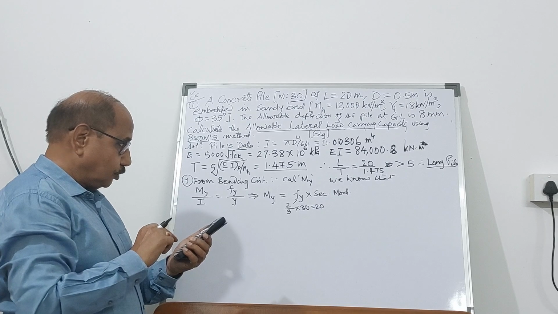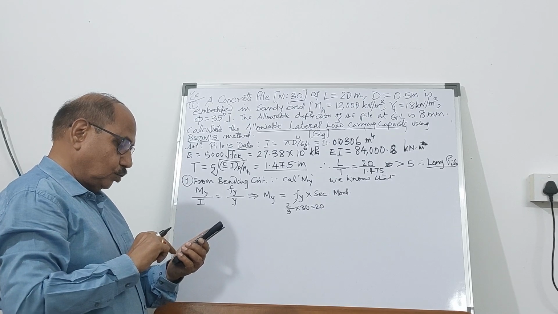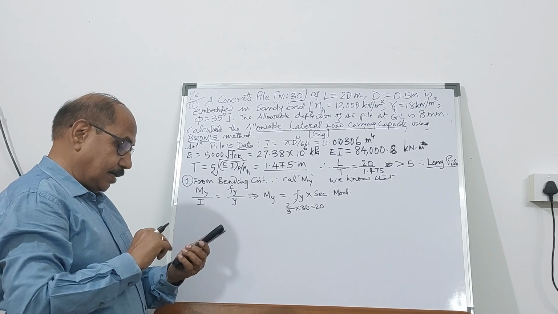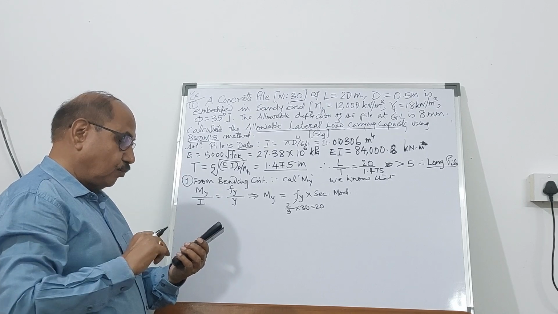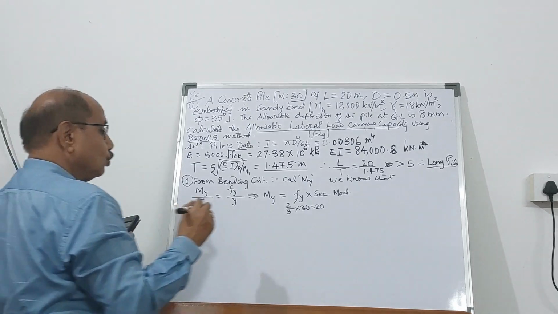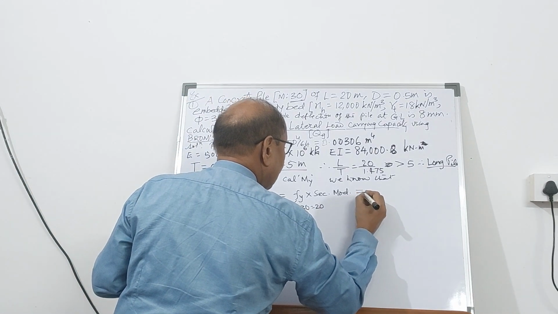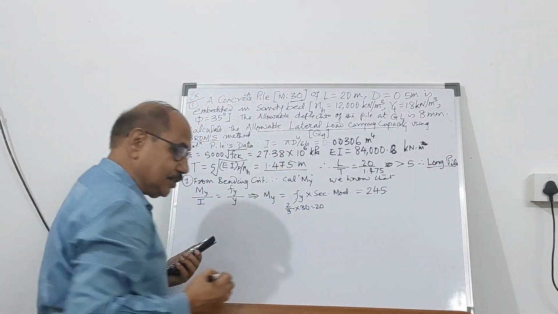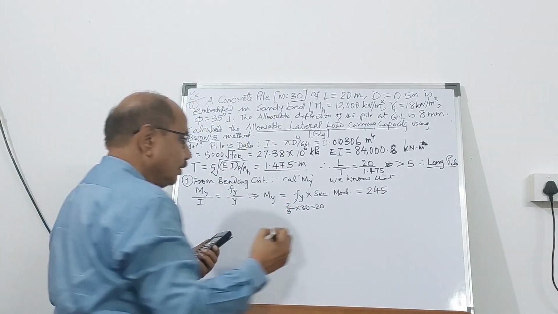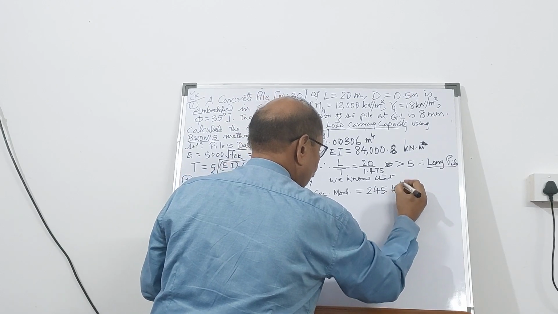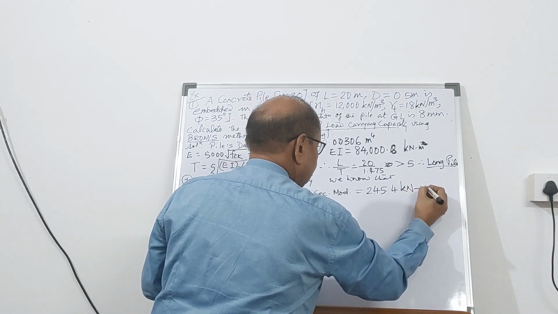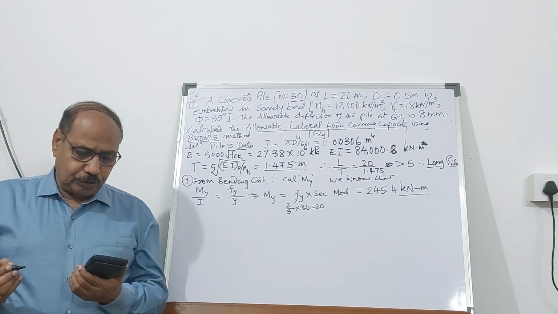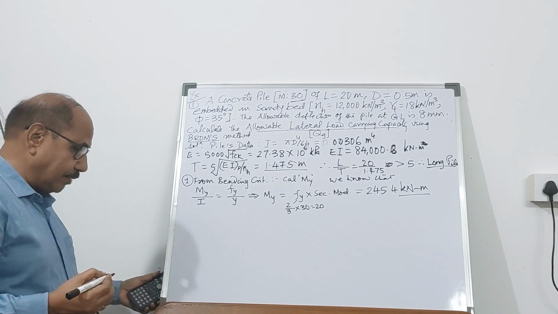This is 20 into I divided by 0.25. This gives me the value of My, which is 245.4 kilonewton meter. So I am in a position to calculate the value of My.